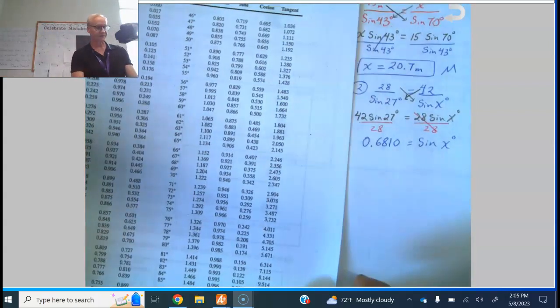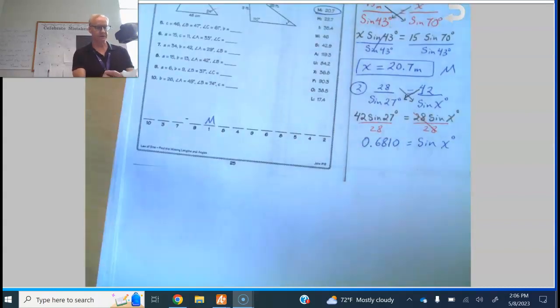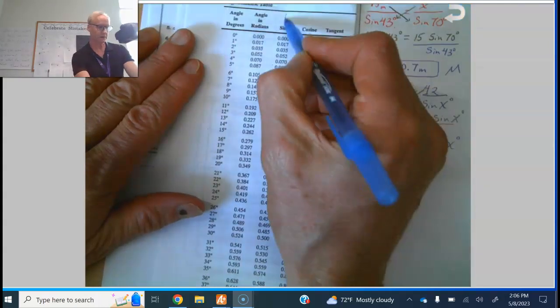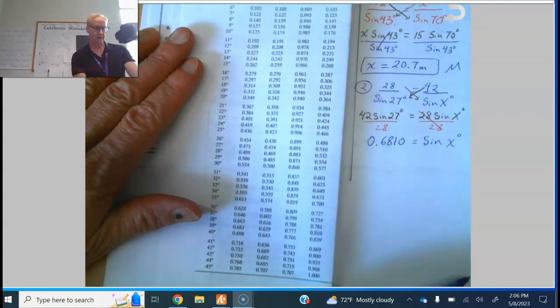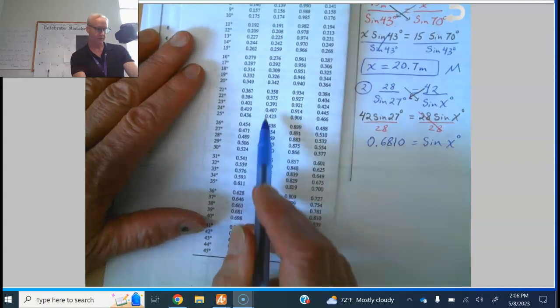And I could look it up this time. This one, I'll fold it over so you can see it. I want the sine, which is in this second column right there. And I want 0.681 in this column.